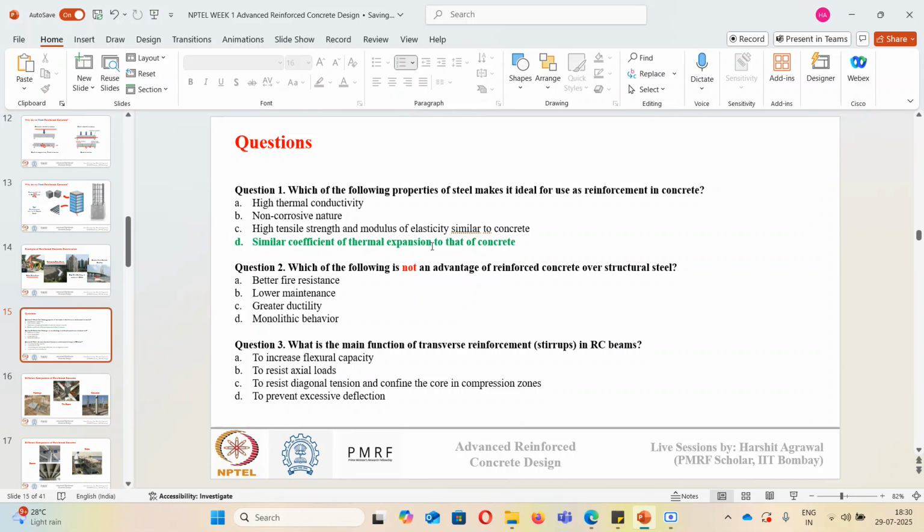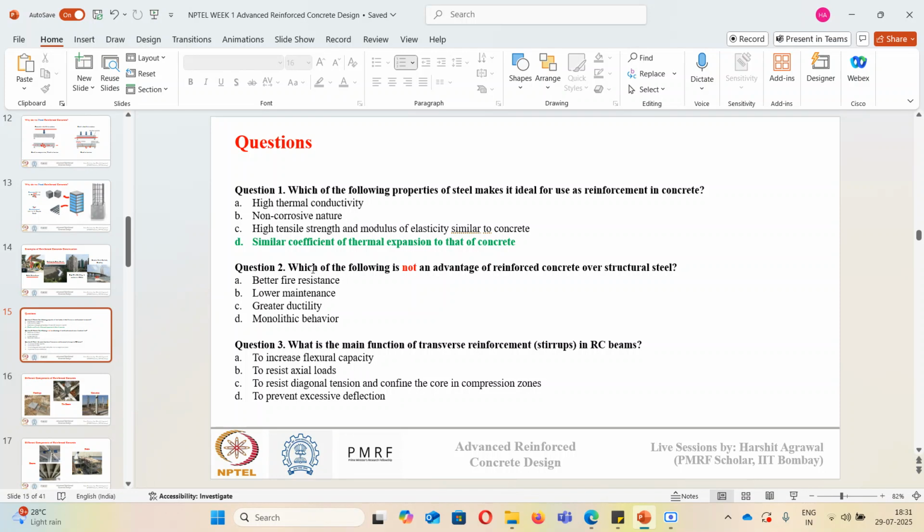Why is this important? Because this ensures that both materials expand and contract at nearly the same rate under temperature fluctuation, and this prevents any internal stress or cracking due to fluctuation in temperature. So steel is ideal mainly due to the similar coefficient of thermal expansion.